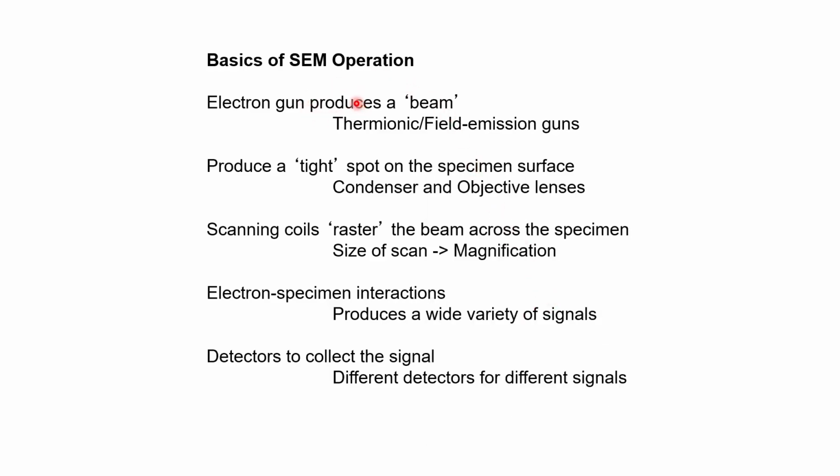Then our main aim, using the electromagnetic lenses, is to have a fine probe, that means to produce a tight spot on the specimen surface using these condenser and objective lenses. The naming of these lenses is based upon the position in which the lens is placed in the SEM.